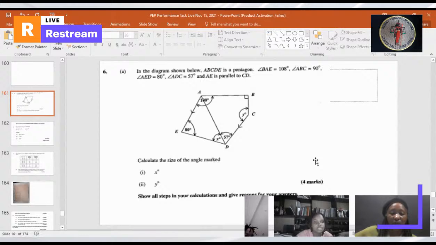So if we know that EAD is 57, how can we use that to find angle X? Miss, X would be 51 degrees. How did you get that?